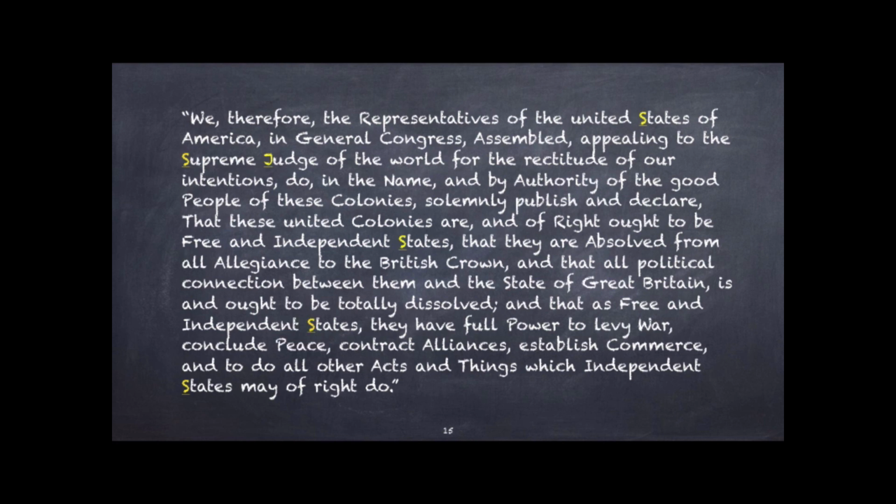They have full power to levy war, conclude peace, contract alliances, establish commerce, and do all other acts and things which independent states may have a right to do. They are declaring 13 independent countries. I keep hammering this because this plays a major role in the South, in their understanding of the nature of their independentness.